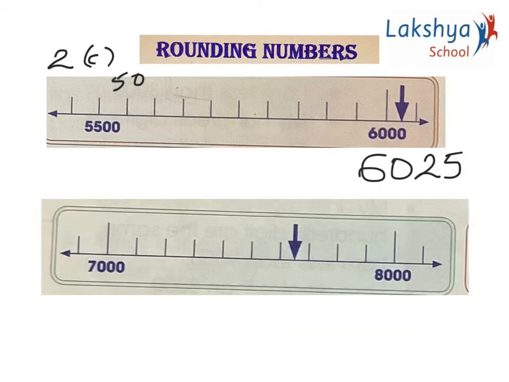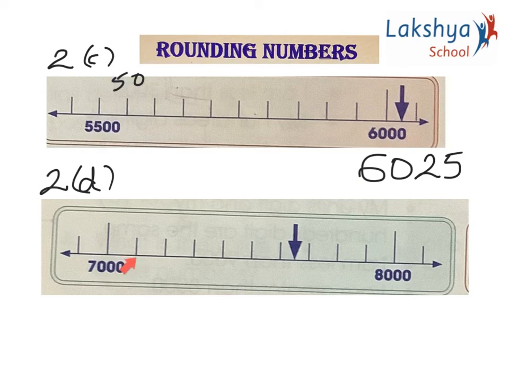So let's look at 2D. Now I can see that the number has jumped from 7000 to 8000 with 10 divisions in it. So each division would definitely be in terms of hundreds.